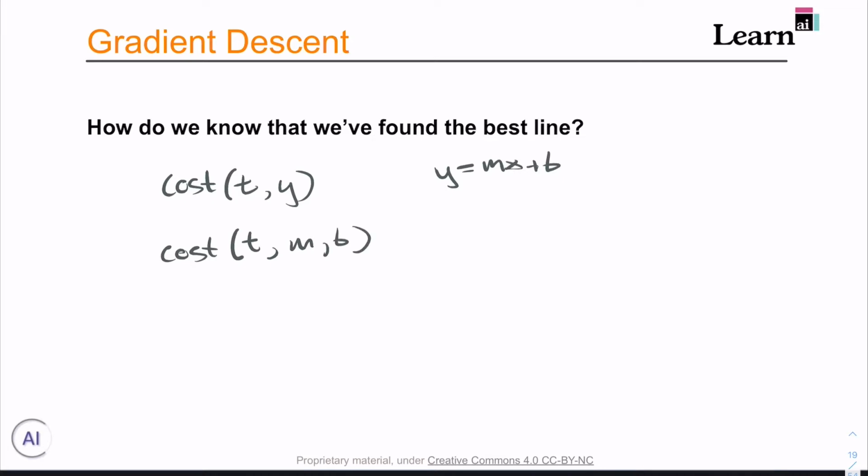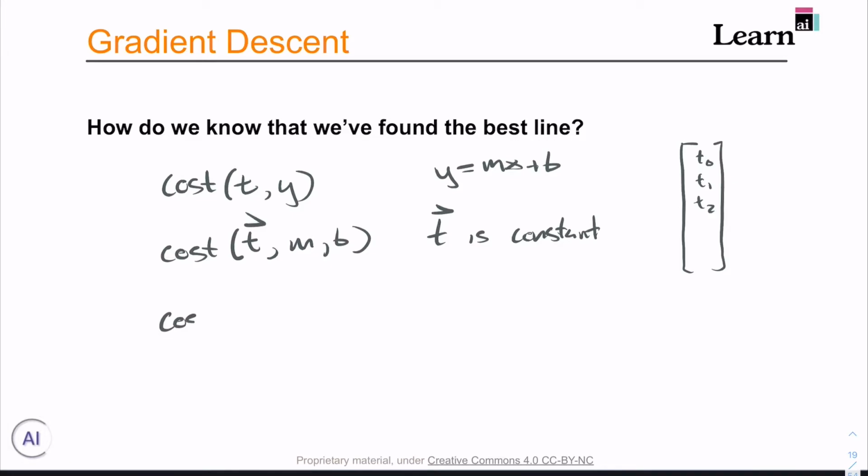We can even simplify this further. Actually, t is a constant. T can be thought of as a vector of the target values, like t for example 0, t for example 1, t for example 2. We have all of those y values in that scatter plot. We can just bundle them all in a vector and it's constant.